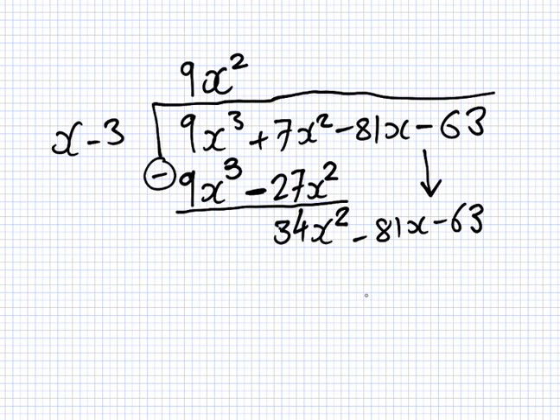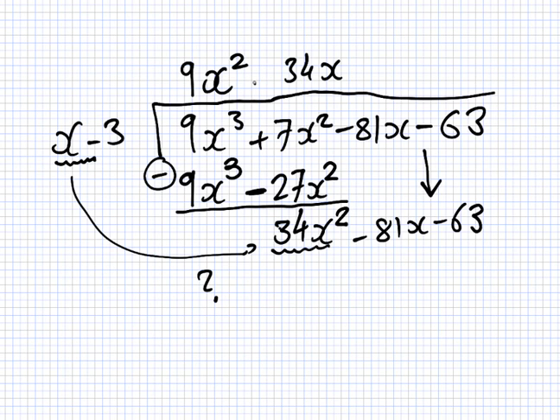Don't know? Okay, so what you do next is you look here, and you say, what number multiplies x to make 34x squared? So what number do you multiply this by to make this? 34x.